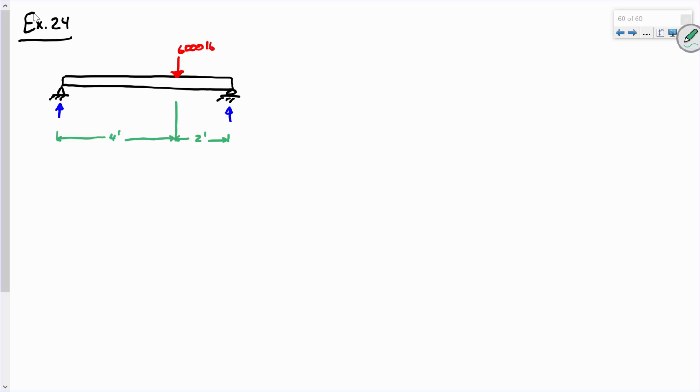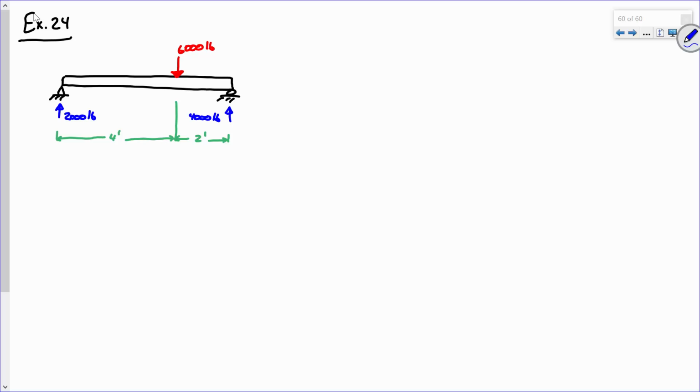So we're going to need to develop a reaction here and here. Now, can I just go ahead and tell you the reactions, or do you want me to do it? I think by now we could probably figure out that that's 2,000 and that's 4,000. If you're still unsure, sum moments at the left hinge: 6,000 times 4 has got to equal something times 6, right?